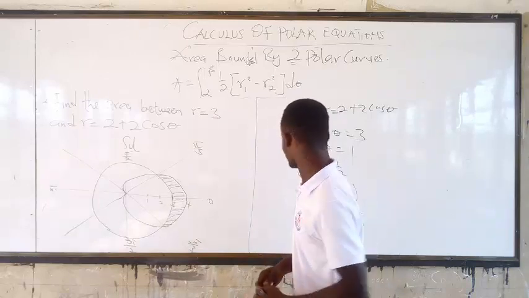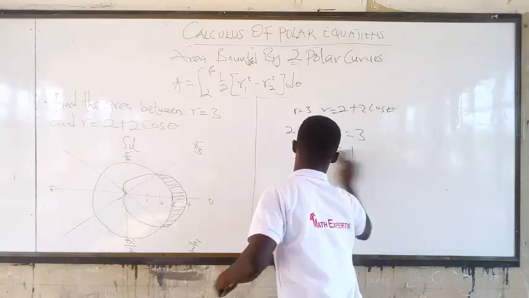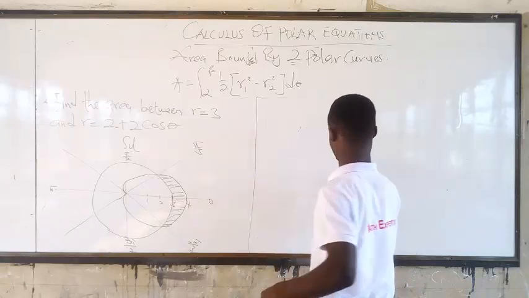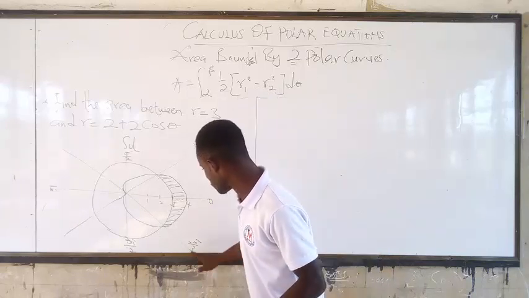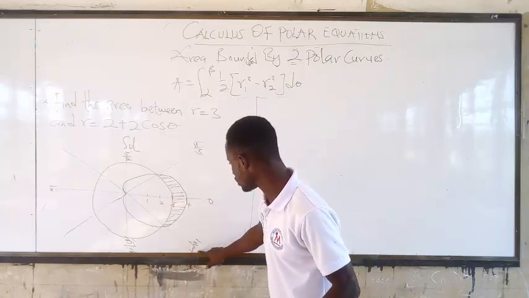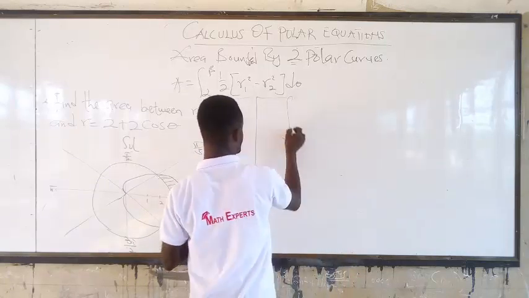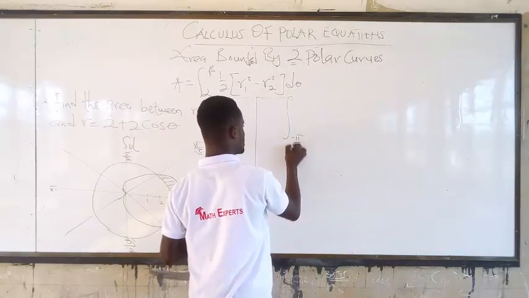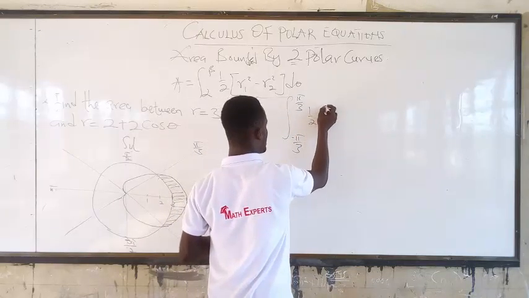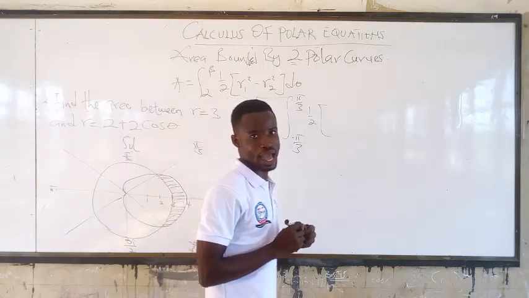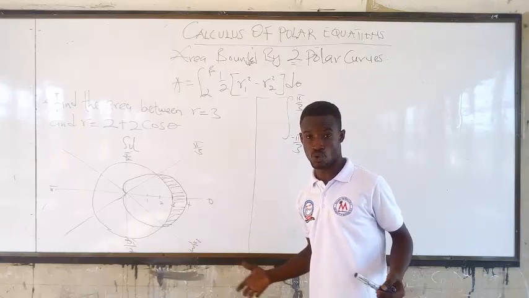So you can take your integral, the limits from negative pi over 3 to pi over 3, half of r squared 1 minus r squared 2.